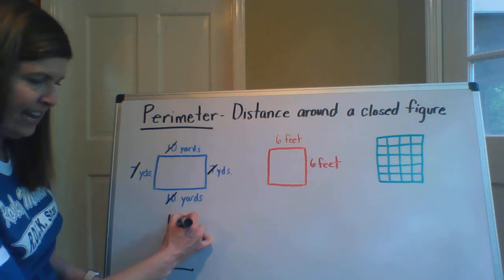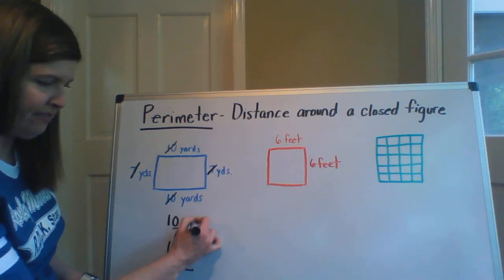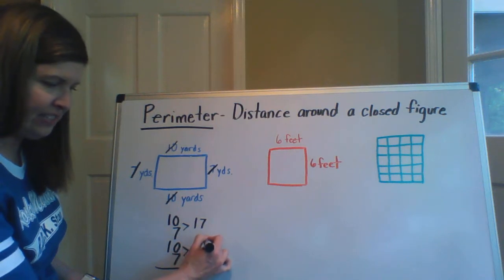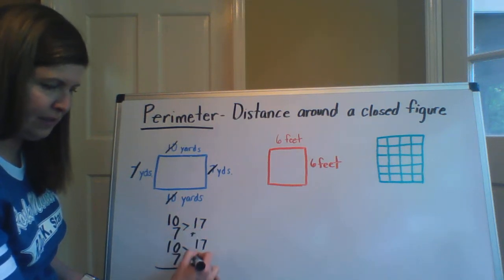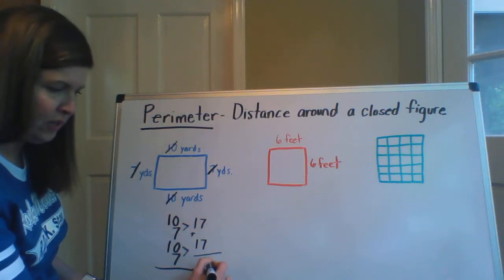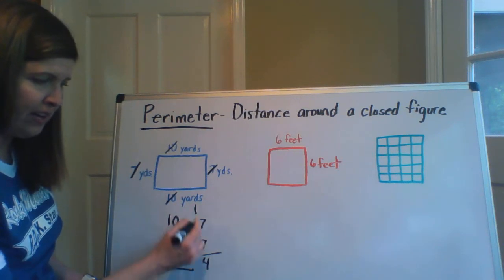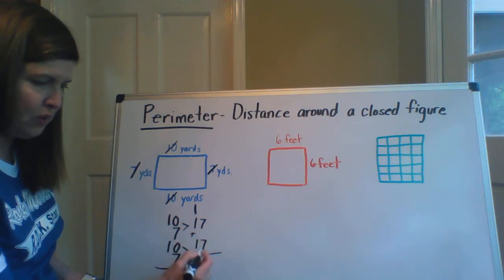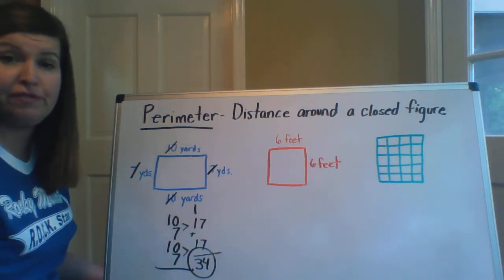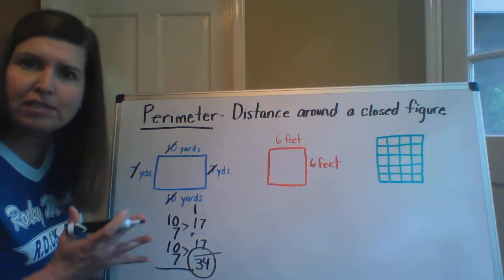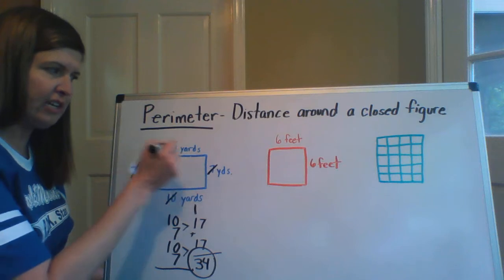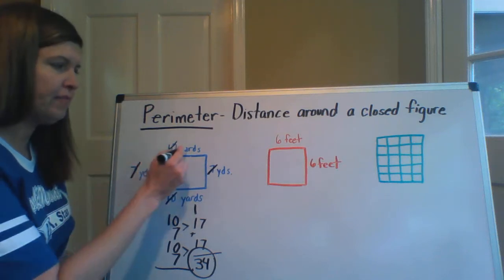And then if I add down, 10 plus 7 is 17. 10 plus 7 is 17, so I'm making that a little simpler. And then adding down, 7 plus 7 is 14. Trade my 1. 1 plus 1 plus 1 is 3. So my final answer is 34. Now, it's not just 34. What unit of measurement did I use to figure it out?